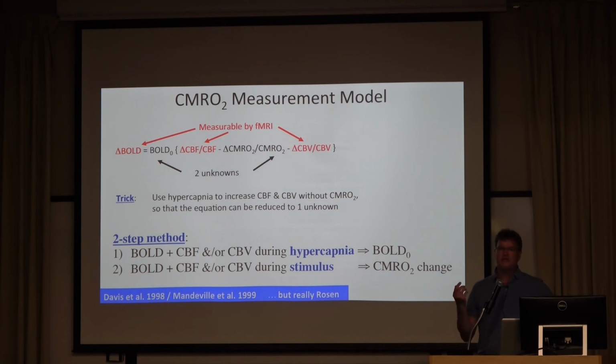And if that's all true, then all you have to do is account for the difference. So you have two unknowns, but if you take the CMRO2 out, you have one unknown, and then you get the BOLD calibration constant. And with that, you can determine the CMRO2, right?